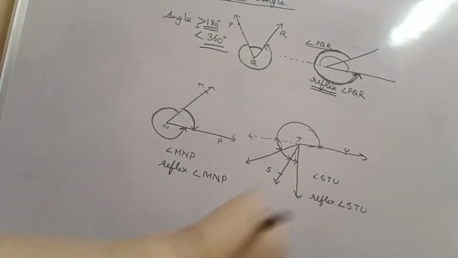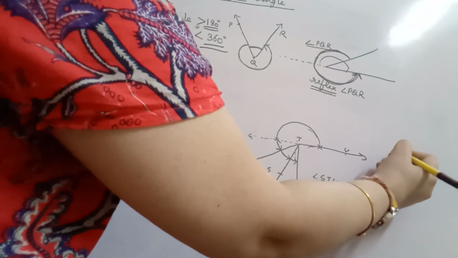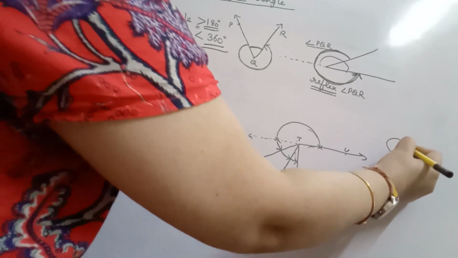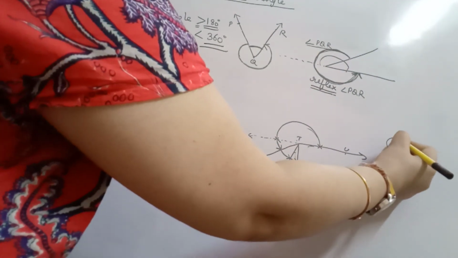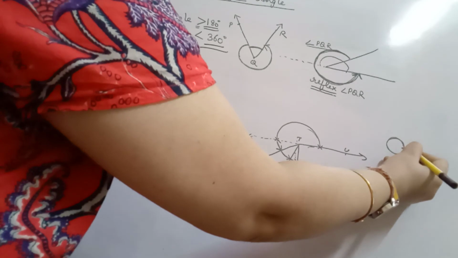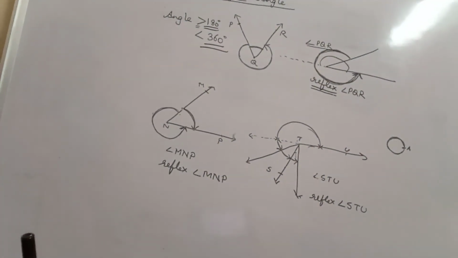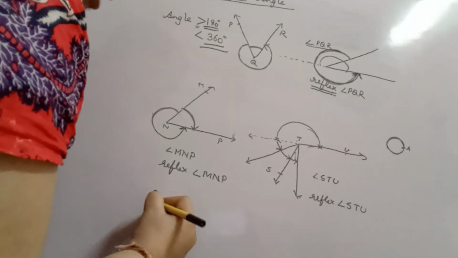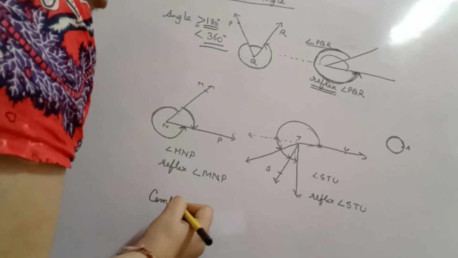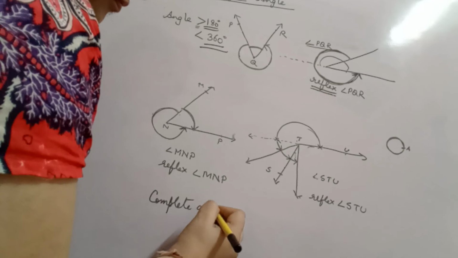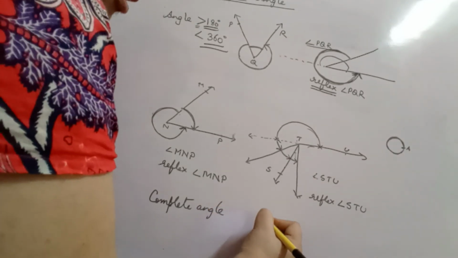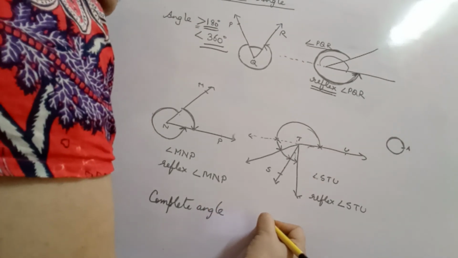Now what is 360? 360 is like moving in a circle. It is like starting from point A and coming back to point A. This is a 360. 360 is also known as complete angle. So what is the complete angle?